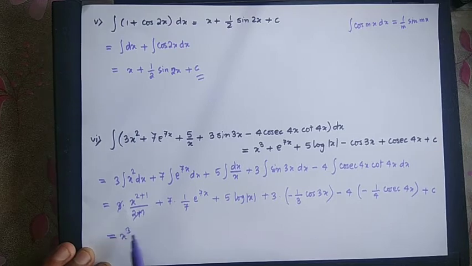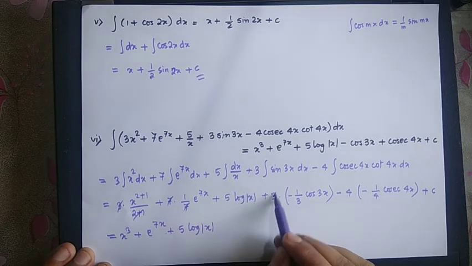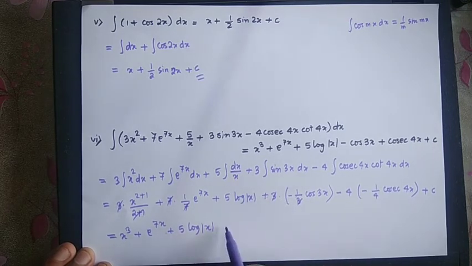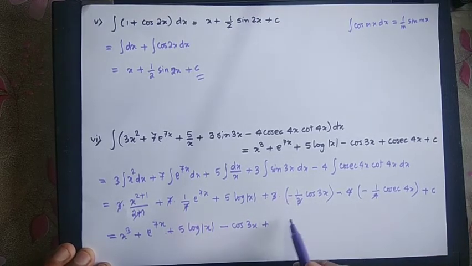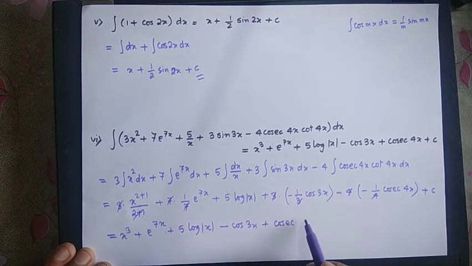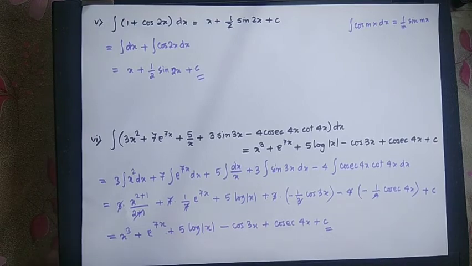Only x cube is left. Similarly, this and this get cancelled, so plus e to the power 7x is left, plus 5 log of mod x. Similarly, this 3 and 3 get cancelled, so plus into minus is minus cos 3x. 4 and 4 get cancelled, so minus into minus is plus cosec 4x plus c. So this gives me the answer. Pause the video to note down.